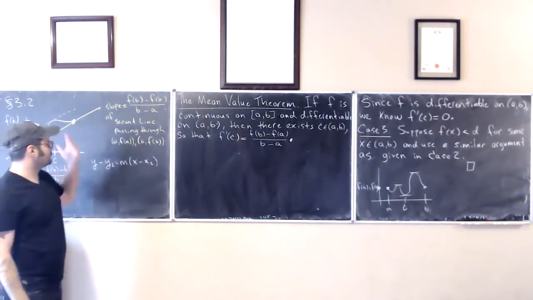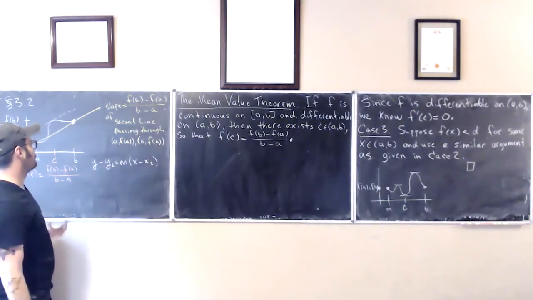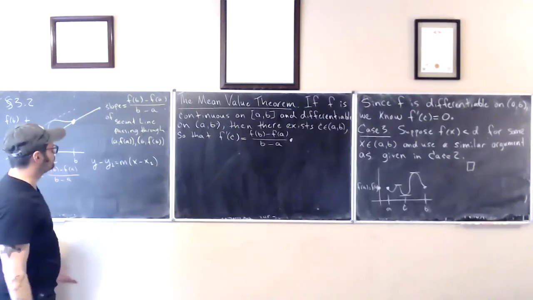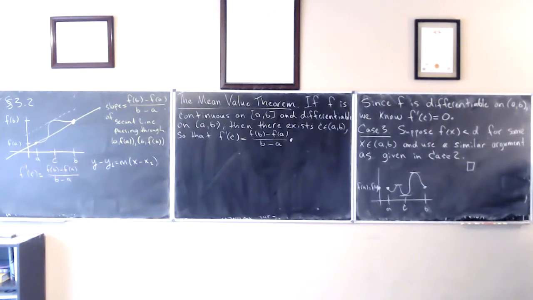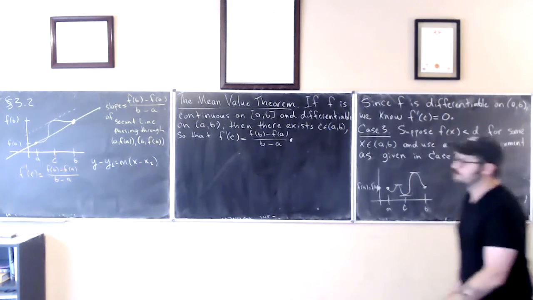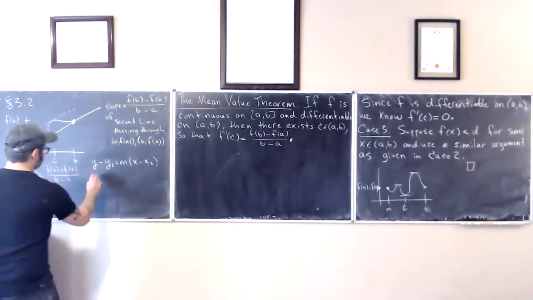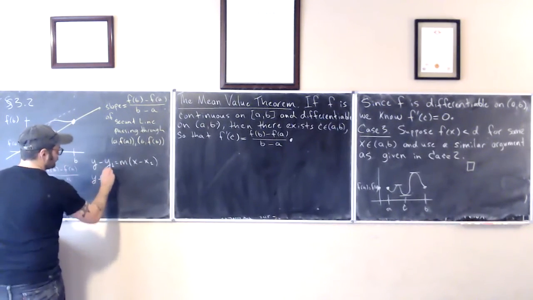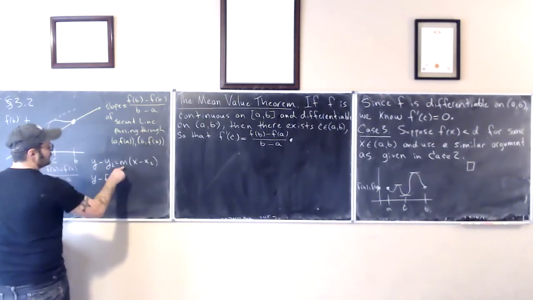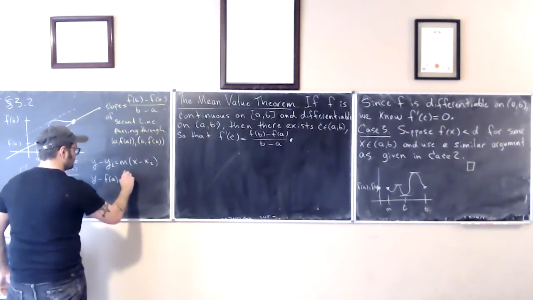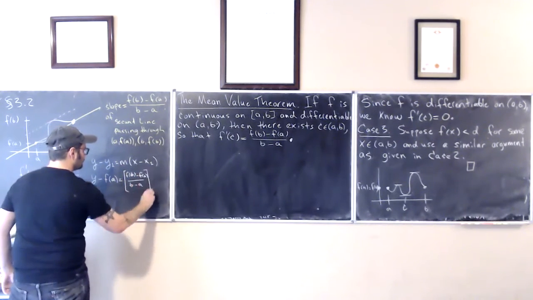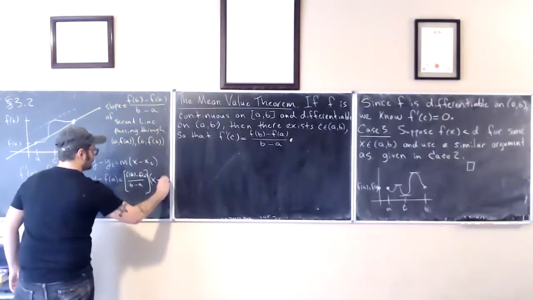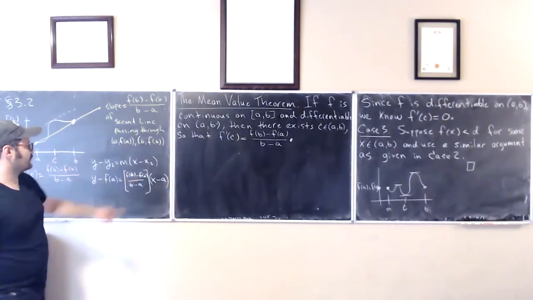So if we just pick one of these points, it won't matter which one. Let's say a, I guess. So I just replace y1 by f of a. And then the slope is f of b minus f of a all over b minus a times x minus a. So I just picked that point to plug in there.